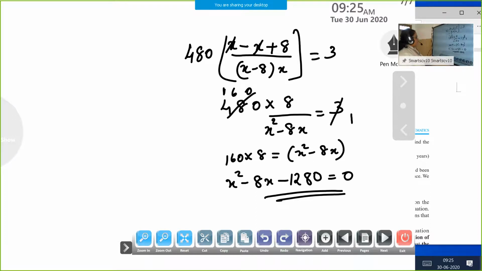This is the required quadratic equation.